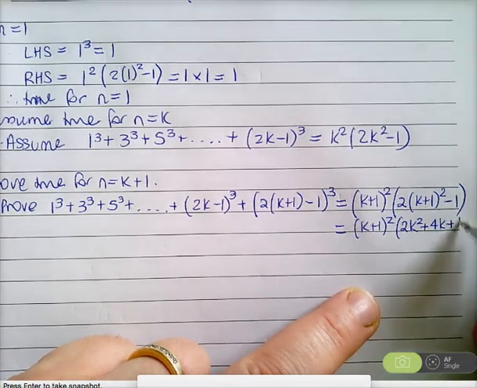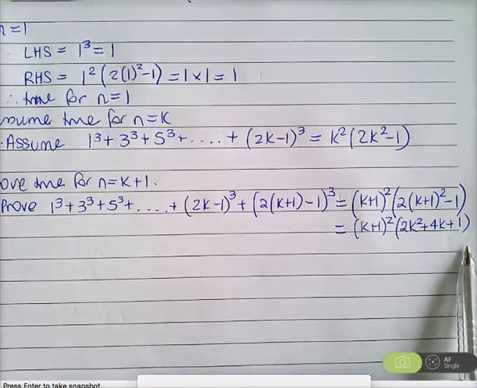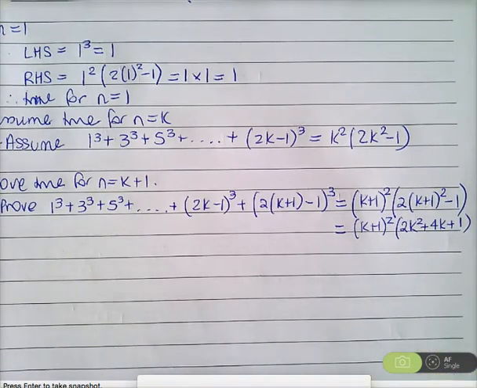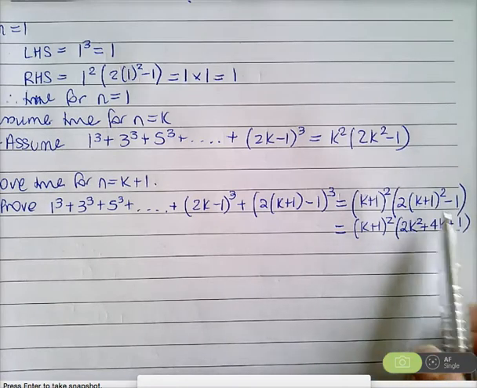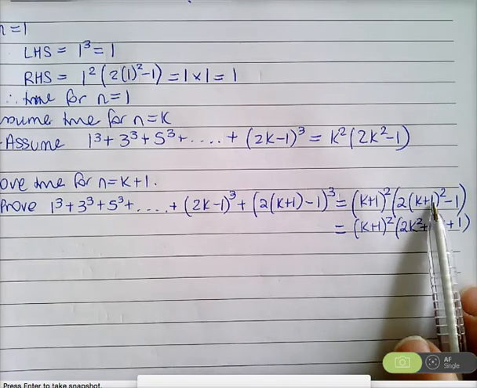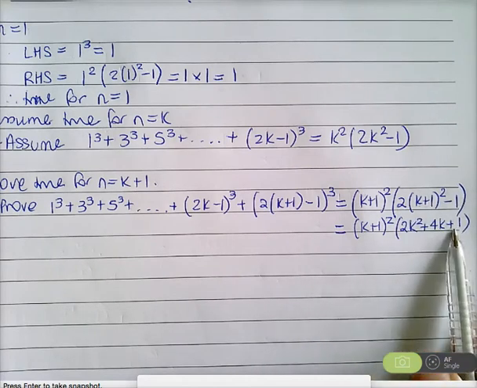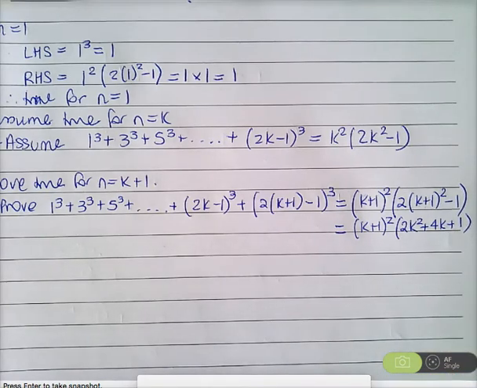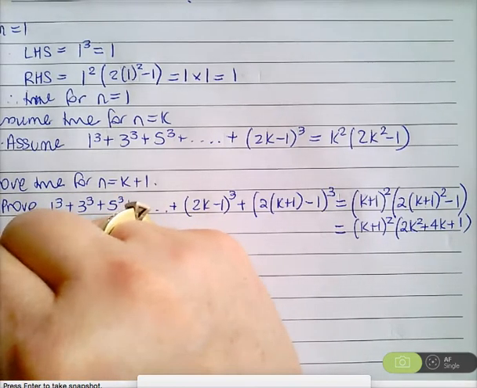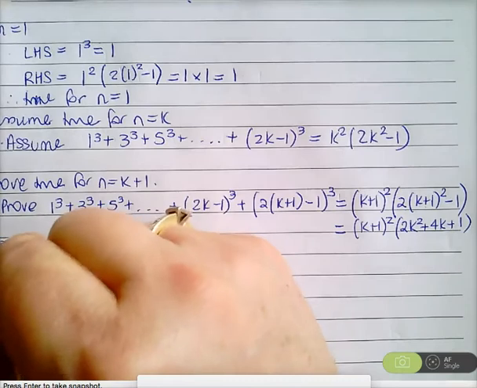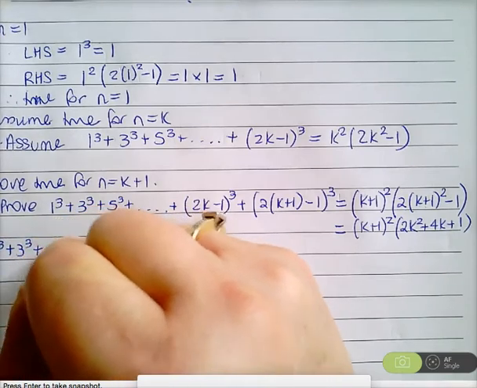I'm not sure whether I'll do it like that or leave it like that. I've got it there in case. That's the expansion of all of that. What I did, I got k squared plus 2k plus 1, then multiplied it by 2. Anyway, we'll see what we end up getting. Okay, left-hand side is equal to, isn't it, k squared?